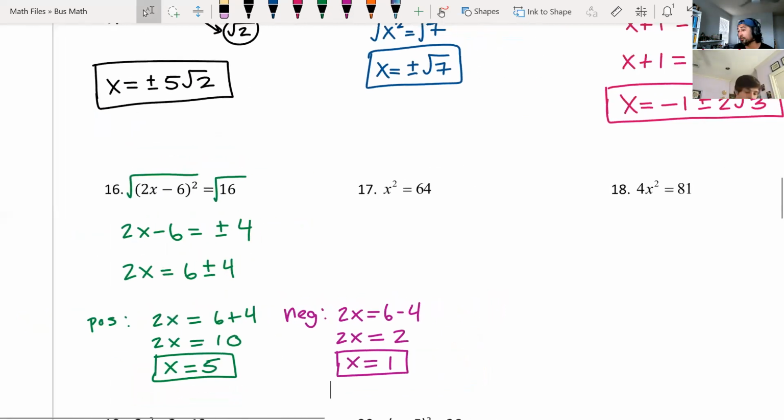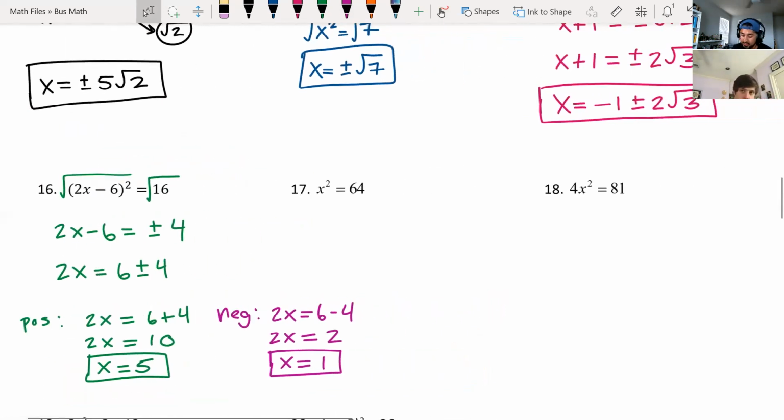So that one we could solve nicely. Unlike 15, there's nothing else you could really do there. -1 plus or minus 2 square root of 3. Unless it wants you to change it into decimal answers on my math lab. I hope it doesn't, but I can show you how to type those in the calculator in a second.